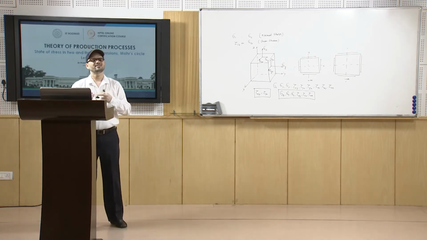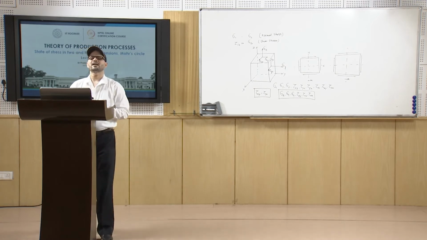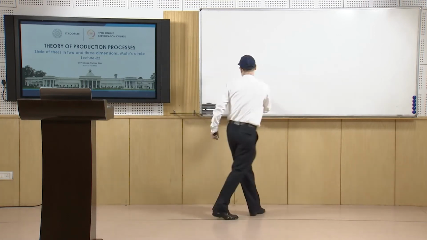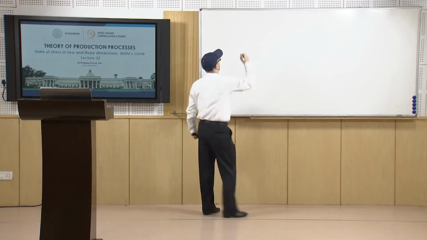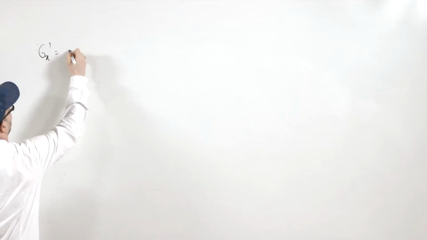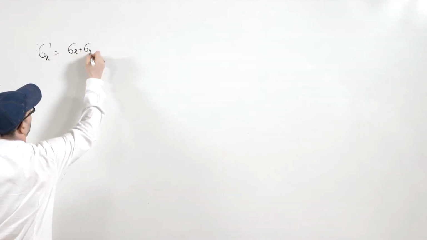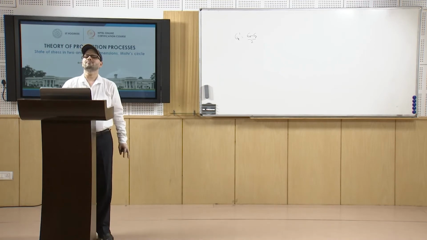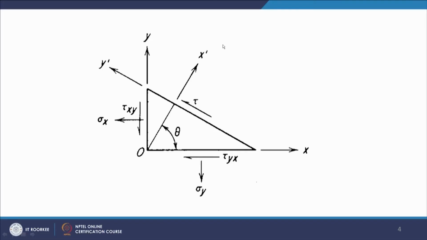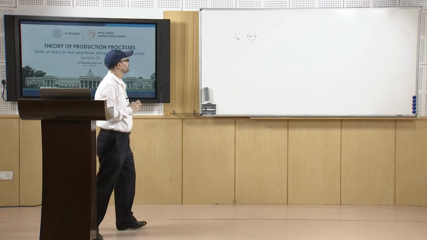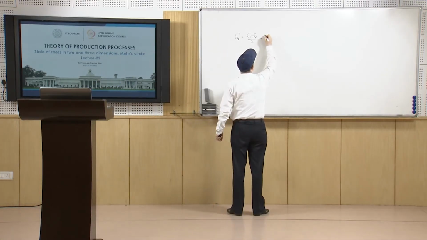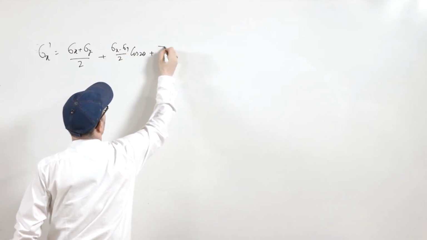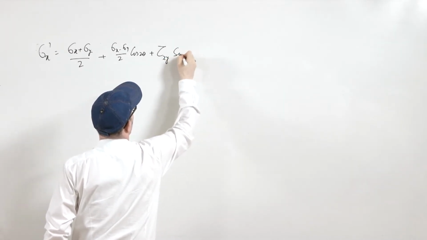If you do the derivation, you will get sigma x prime as sigma x plus sigma y by 2, plus sigma x minus sigma y by 2 cos 2 theta, plus tau xy sin 2 theta.